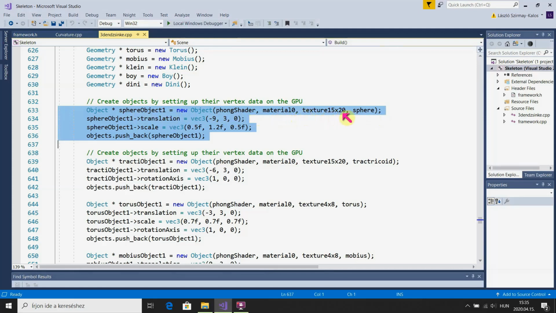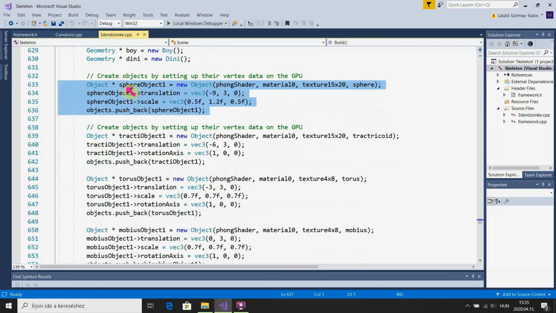It uses texture 15 times 20 for the modulating of diffuse and ambient reflectivities, and it has a geometry of the sphere. Additionally, we can immediately set transformation parameters like the translation or the scaling factors, or we rely on the default values as we do it here for the rotation axis and rotation angle.